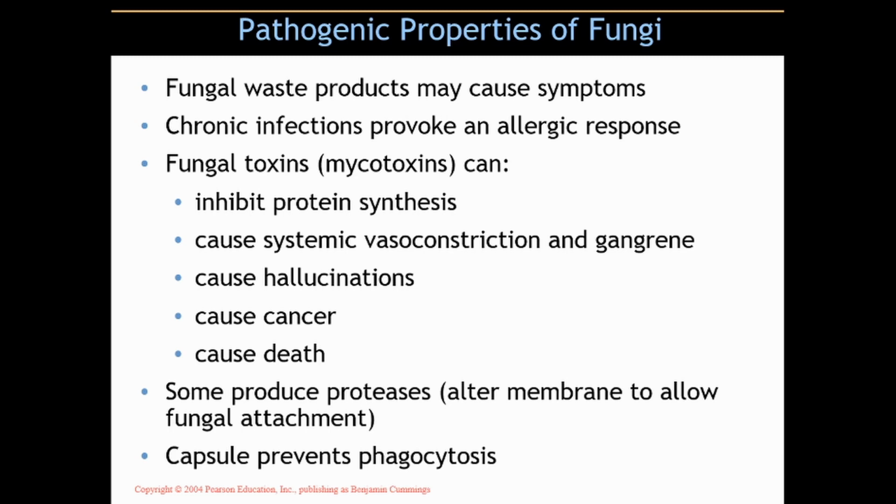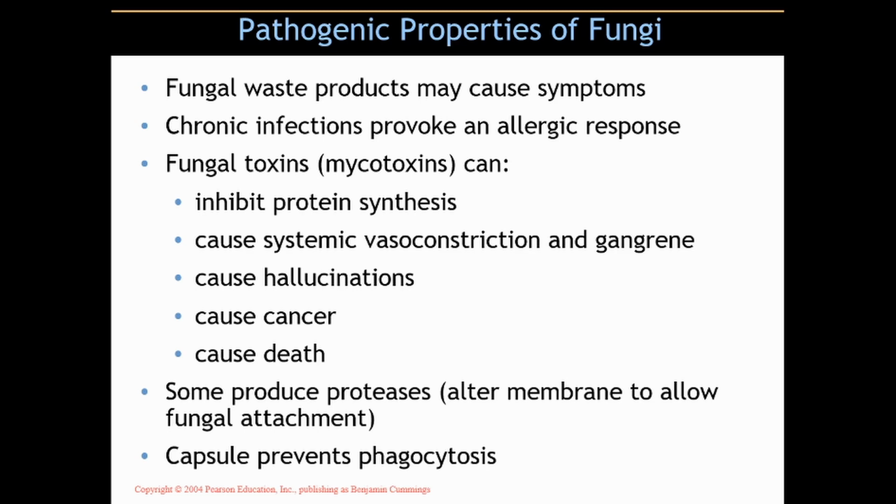Fungal toxins, which by the way are called mycotoxins, and so anytime you see MYC, it's referring to fungi. And so if you want to be a real fungi, you become a mycologist. Anyway, what these mycotoxins do is they inhibit protein synthesis. They can cause systemic vasoconstriction, and because it's systemic, it can lead to gangrene, especially in the extremities, of course, leading to the death and destruction of tissue because they're not receiving blood supply.